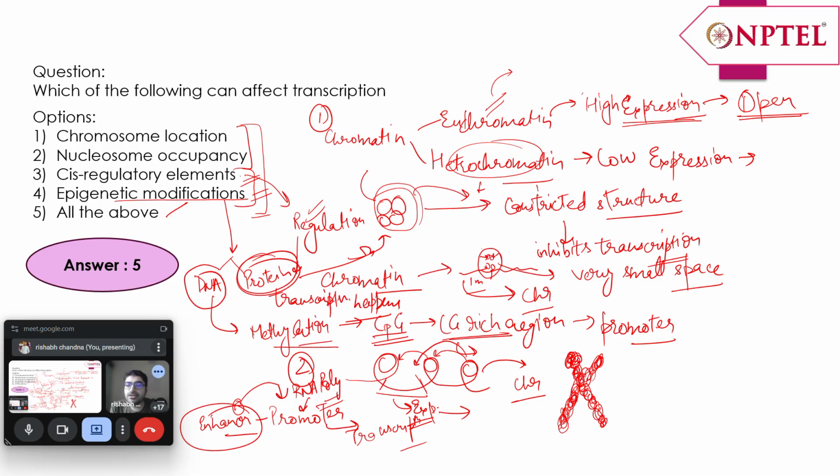These regions are involved in the regulation of transcription. If the methylation is more, the transcription levels will be less, and vice versa. So this is how transcription is regulated in the whole scenario.